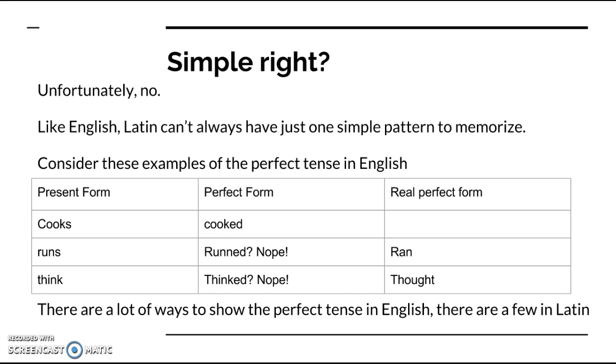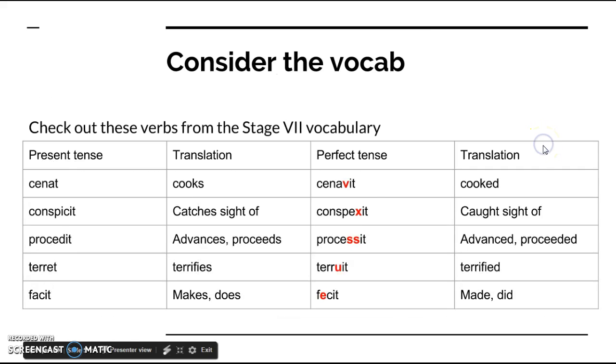But fortunately, Latin at the very least is not as complicated as English. There are not as many forms to memorize. So there are a lot of ways to show the perfect tense in English. In Latin, there are only about 5, sometimes 6, and we'll talk about it, as opposed to literally hundreds of ways to do it in English. So when put in that perspective, it's not that bad.